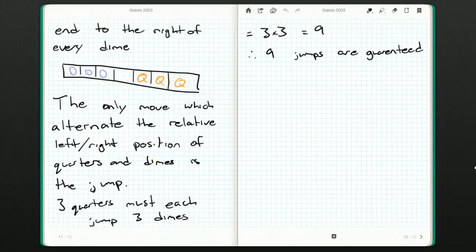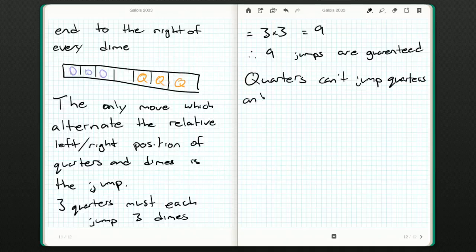All right, let's write down the rule. So quarters can't jump quarters. And dimes cannot jump dimes.